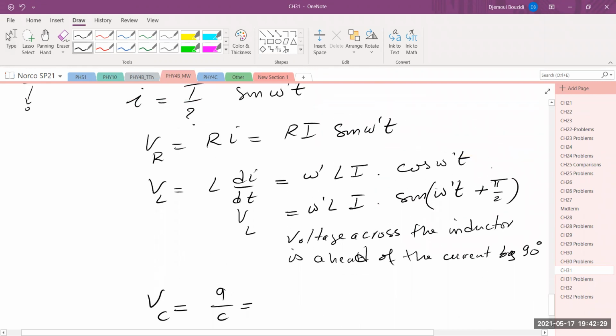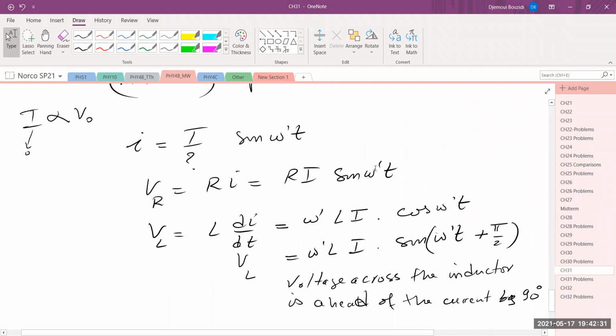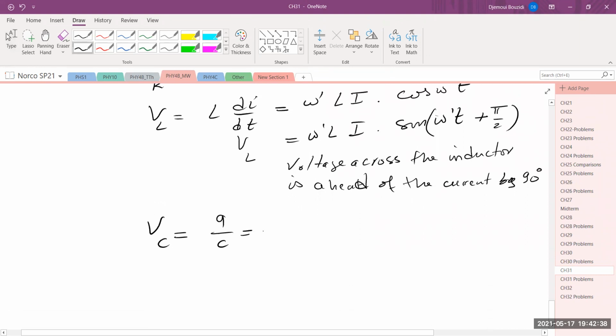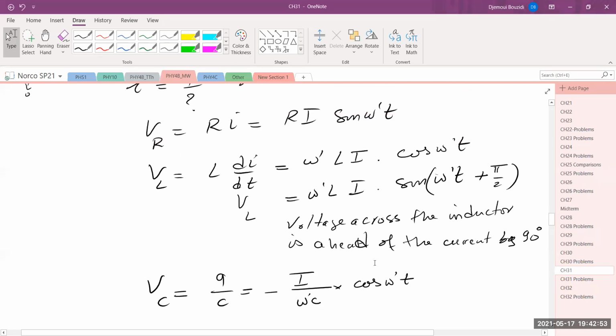So the integral of sine is 1 over omega prime times cosine with a negative sign. Okay, so it's going to be negative I over omega prime C times a cosine of omega prime t. Does everybody agree with this expression up to this point?